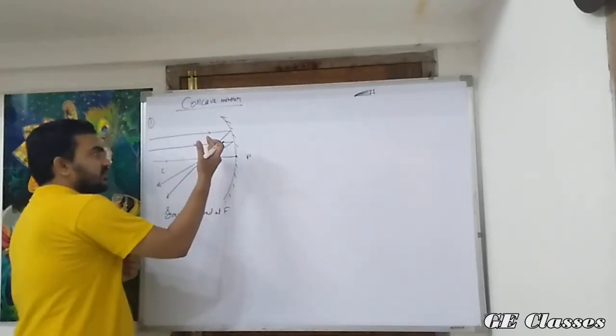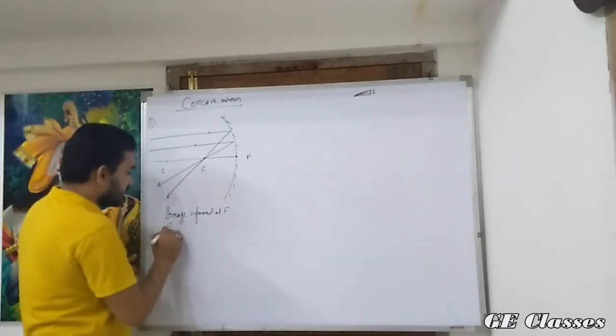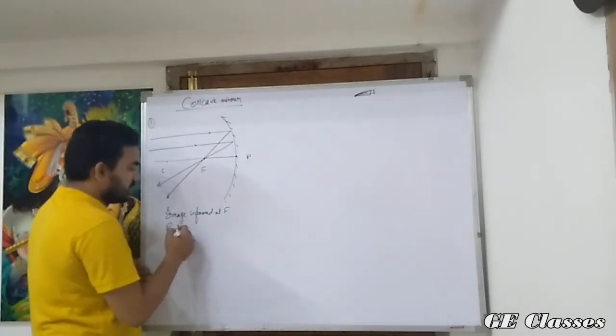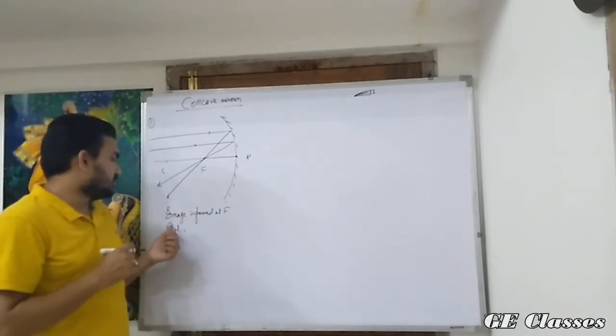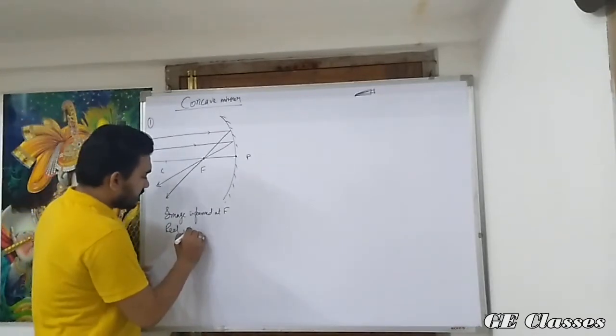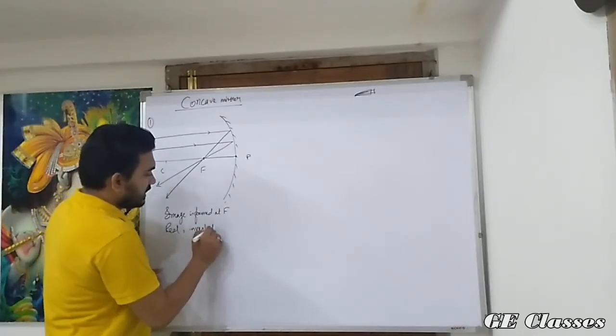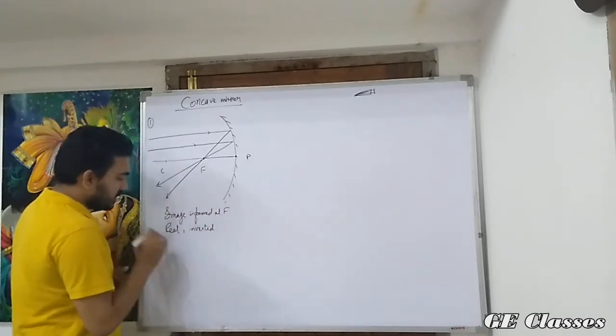Since the rays have actually met at a point, this is a real image. The most important thing is that images that are real are also inverted. So this is a real inverted image, and the size is very small.